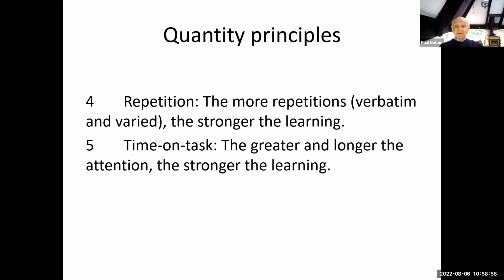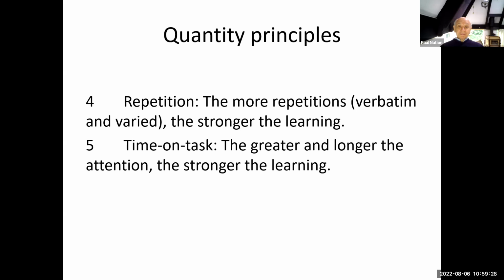And this is why extensive reading is quite a good way of learning vocabulary, because it provides repetition of the words that learners need to learn, but it also provides varied repetition. The words are different in some slight way, and this makes them easier to learn. When we talk about varied repetition, we're actually moving now into quality principles.